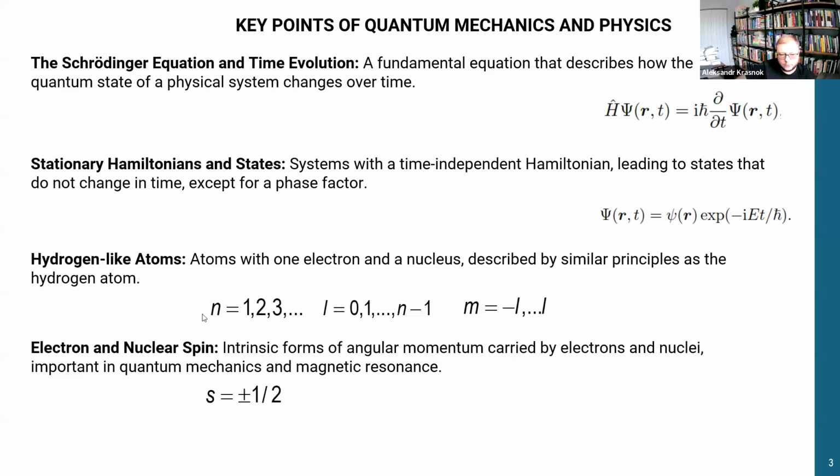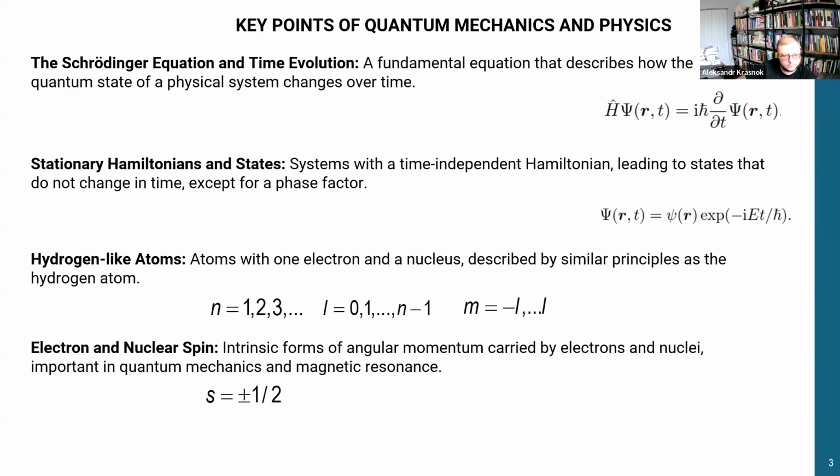Also, people observed that electrons, as well as nuclei, protons, and neutrons, have spin, which is the inner mechanical momentum, which has no classical analogy.